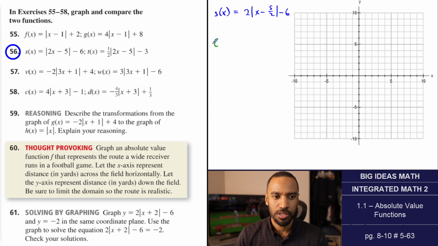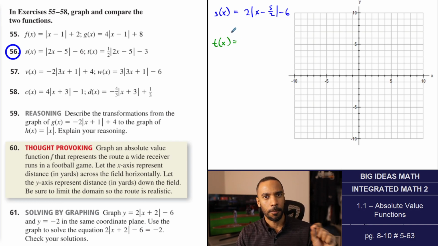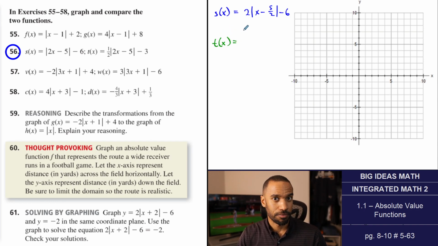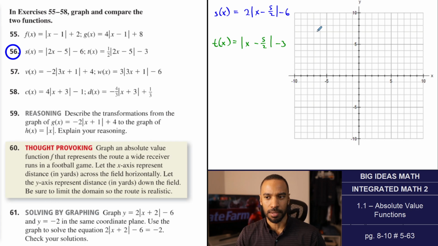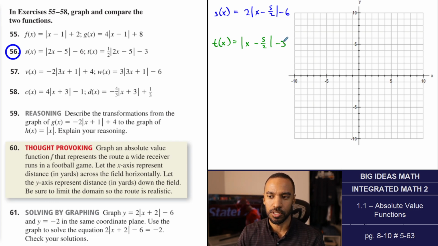This one, you factor the 2 out, so t of x equals, you factor a 2 out, and then multiply by the 1/2. That's how they interact. 2 times 1/2 is 1, so the a is 1. I don't need to write anything. Factor the 2 out of there, that's x minus 5 halves, kind of like the other one, minus 3. So that's what happens with that factorization.